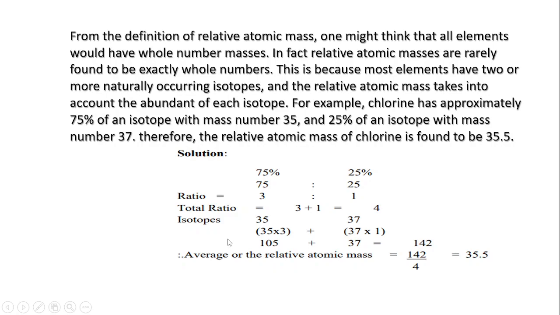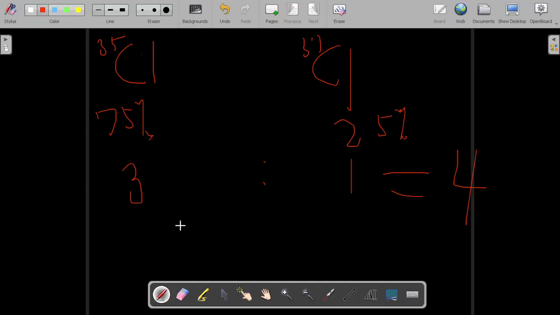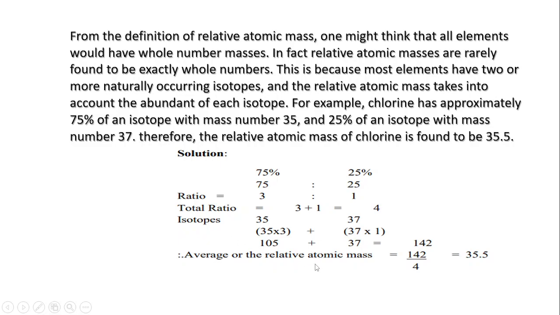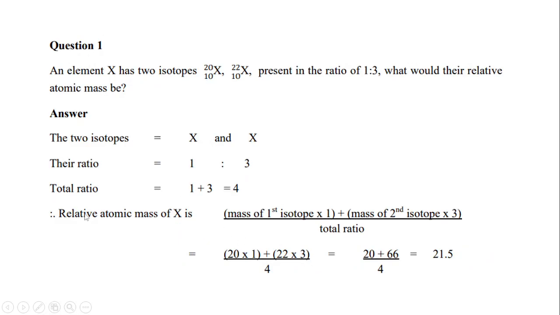So what do we now do? We apply this formula. The relative atomic mass of X is the mass of the first isotope times 1 plus the mass of the second isotope times 3, over the total ratio.